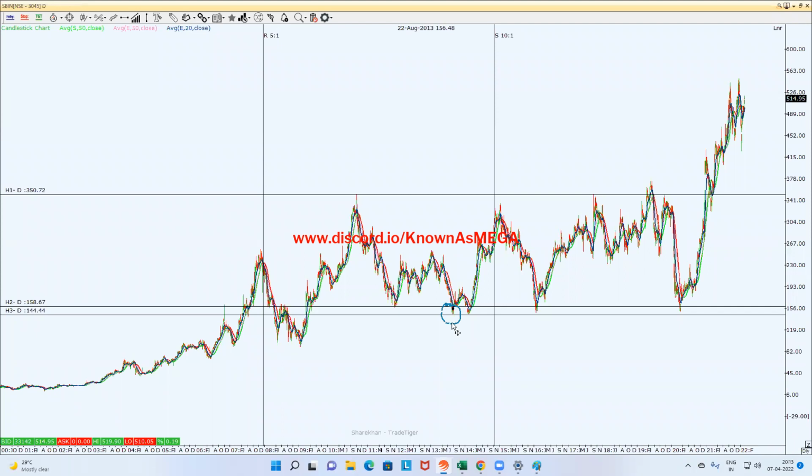What we are trying to do is find the origin of buying, I mean, where the price actually started picking up. So the origin of buying is what we are trying to identify.